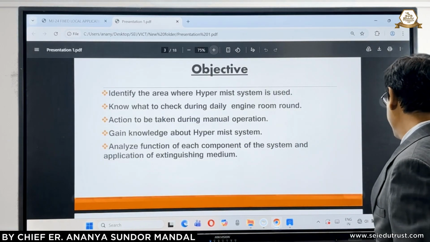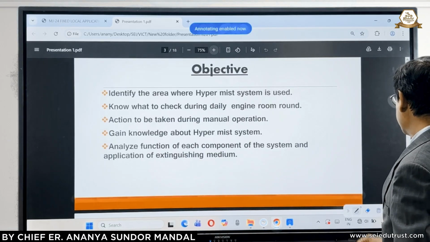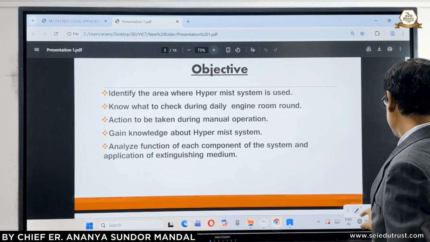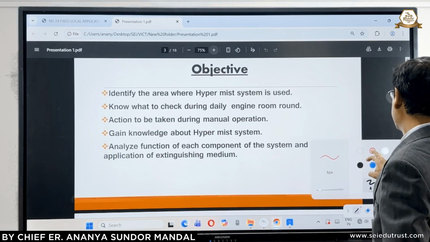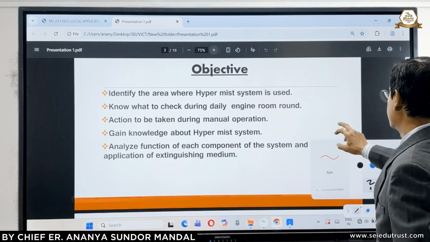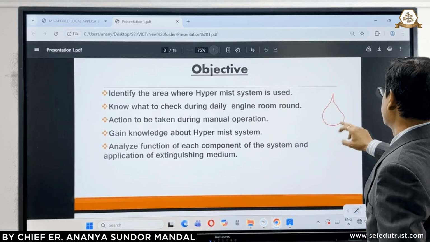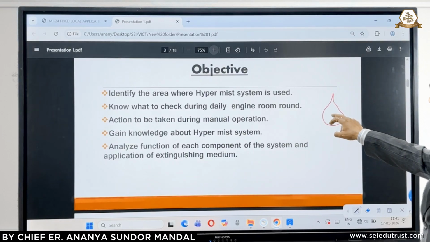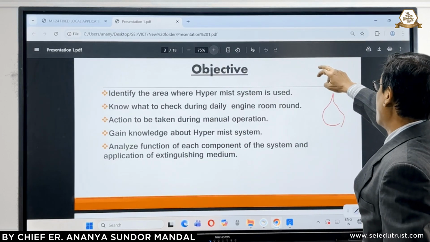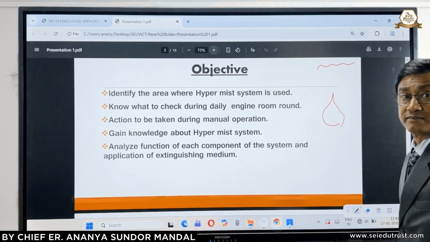Generally, if there is any fire, what is the maximum heat other than the core of the fire? It is on the top level.